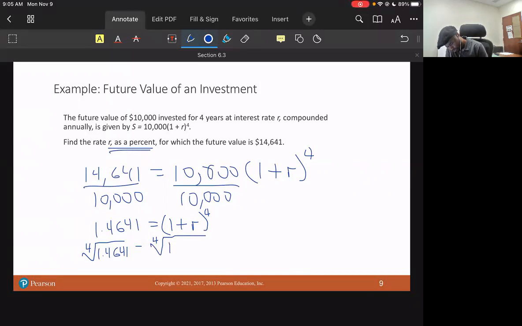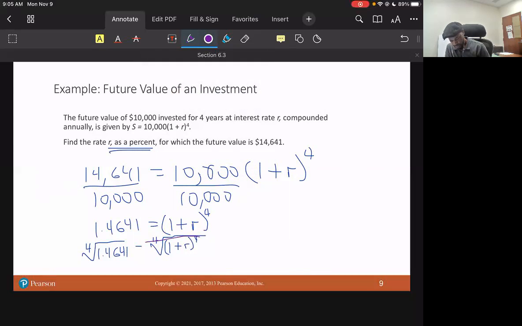We're not even really going to need the plus or minus in this case, because we're talking about a percent of interest rate. Now, you can have negatives, but we're going to assume they don't want negatives. Fourth roots and fourth powers cancel.